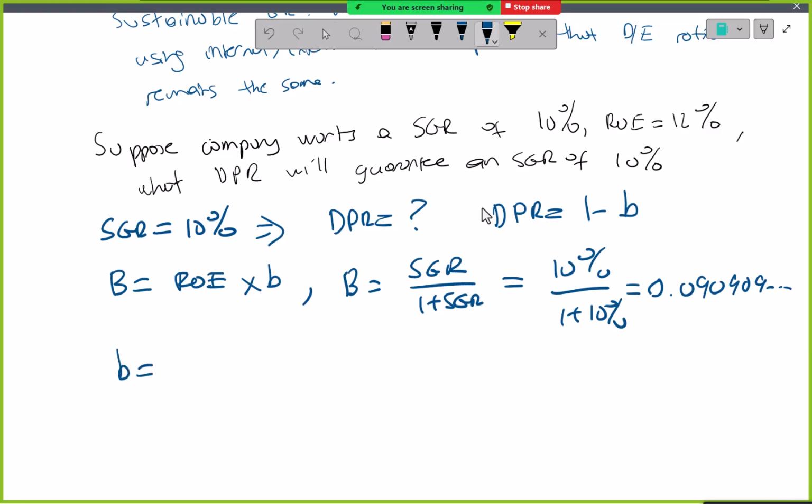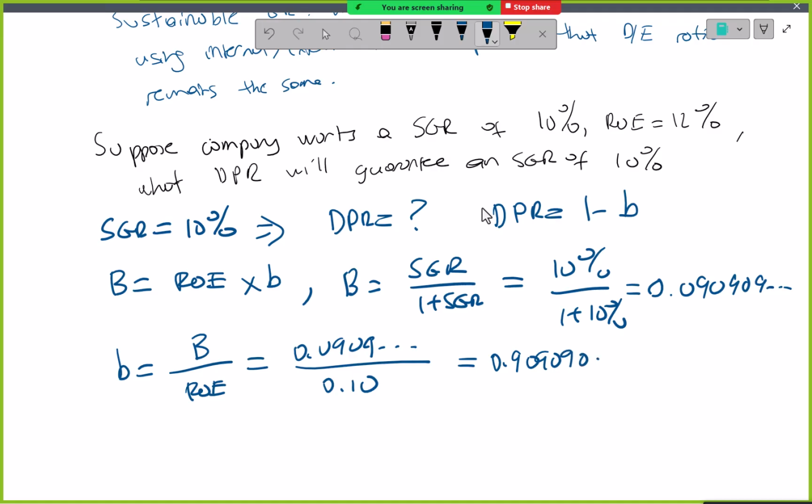then b is cap B divided by ROE. It's not too surprising that it is indeed equal to 0.9091, or 90.91%.